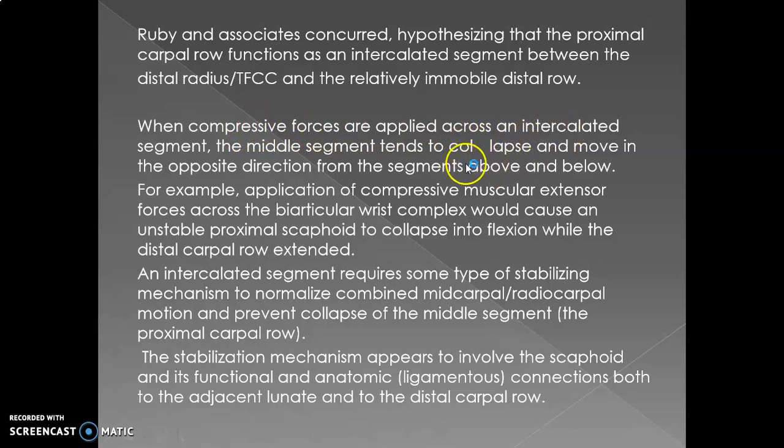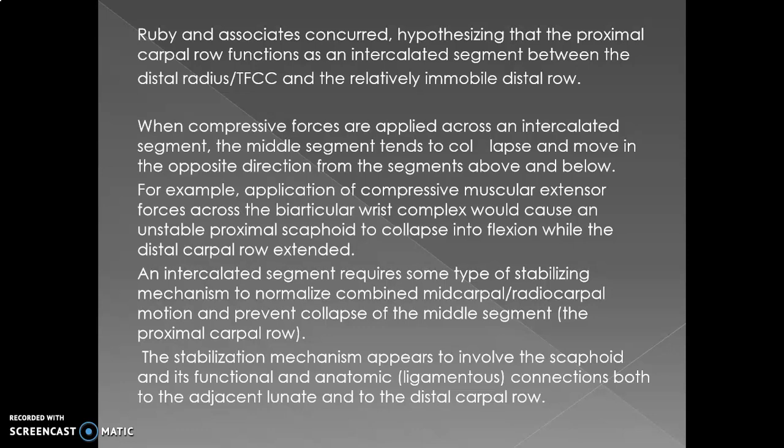The middle segment tends to collapse and move in the opposite direction from the segment above and below. Now I will show you the picture later, but just to try to understand it. Compressive force means two segments are pressed together, compression applied across. So which is compressed?